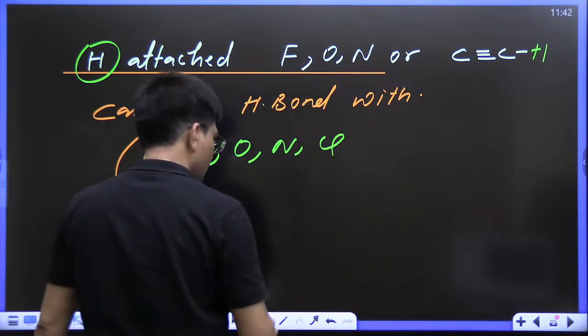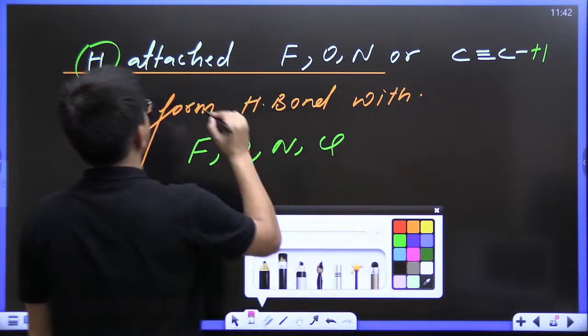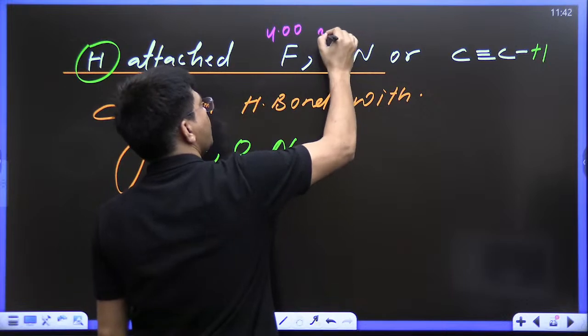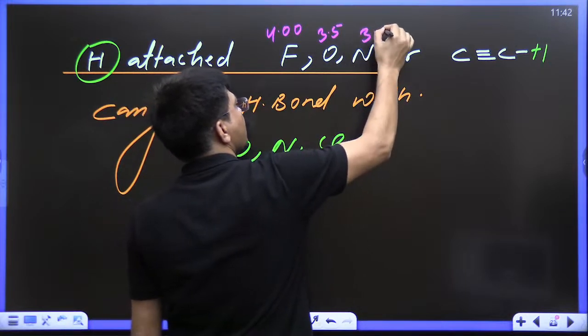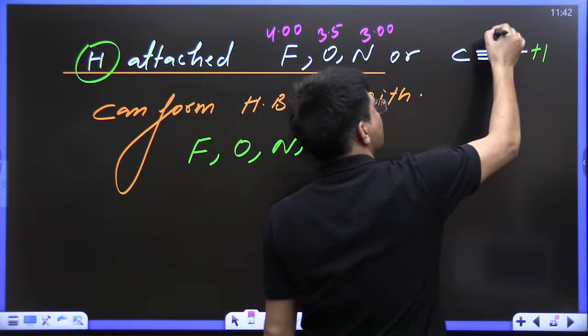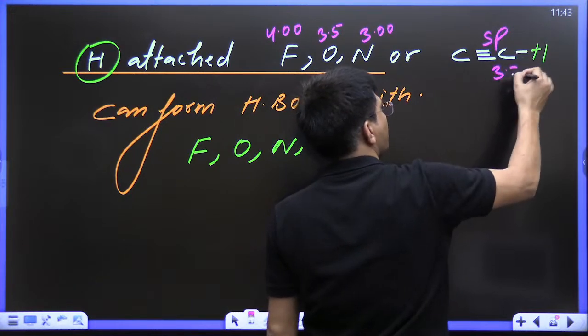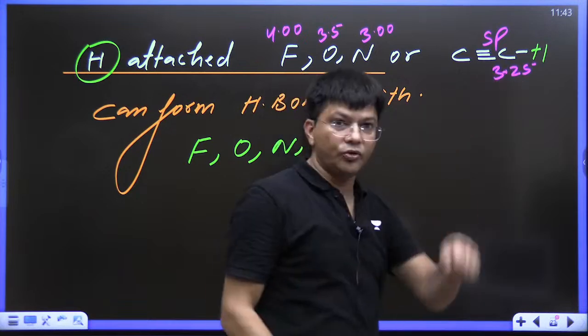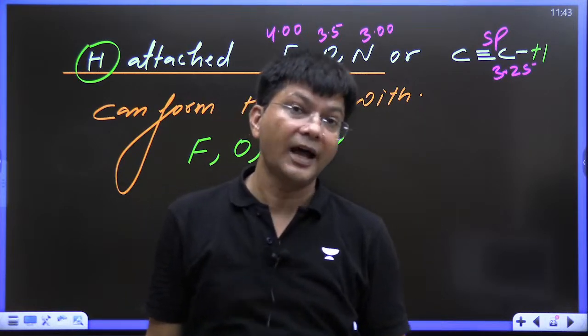Because why? See the electronegativity. If I'm going to talk about electronegativity, it is 4, this is 3.5, this is 3, and this carbon, because it is sp hybridized, is 3.25. This carbon is more electronegative than nitrogen, kids.